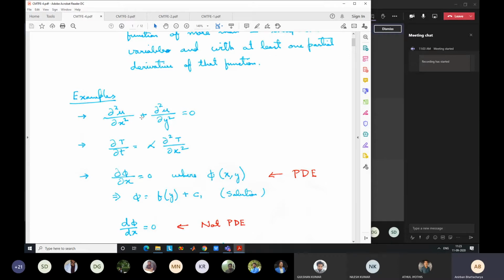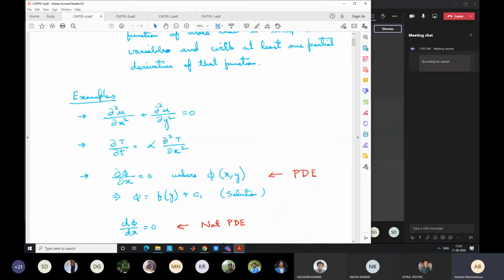All these are governed by the Laplace type of equation. Here you can see that u is a dependent variable of the independent coordinates x and y, and we have partial derivatives of u with respect to both x and y.